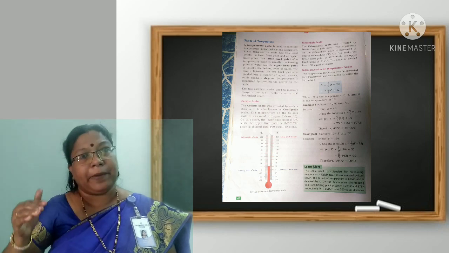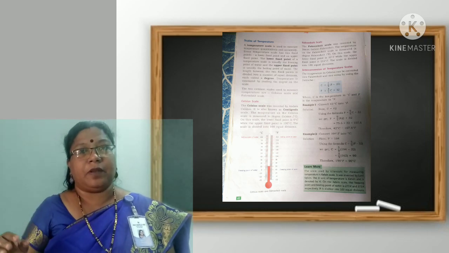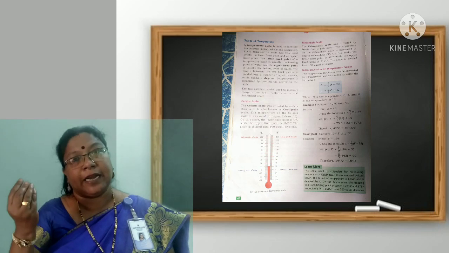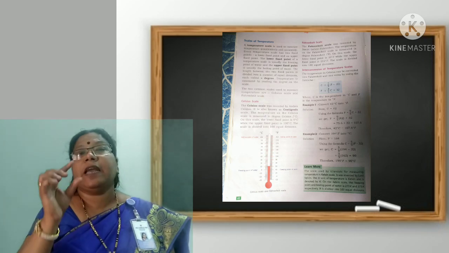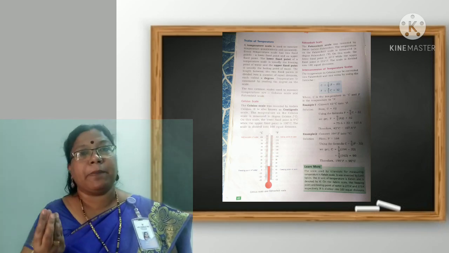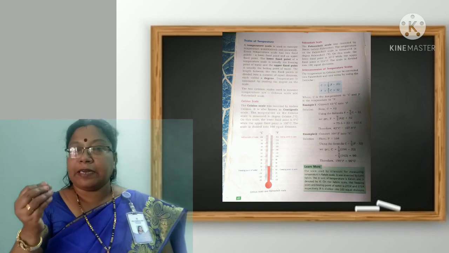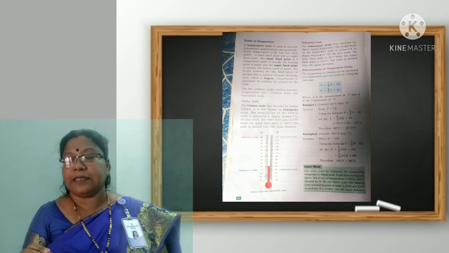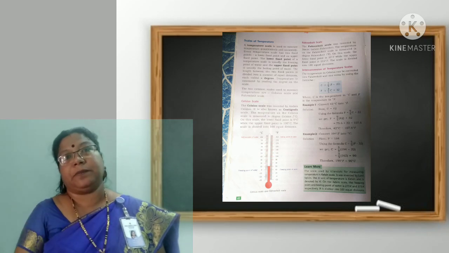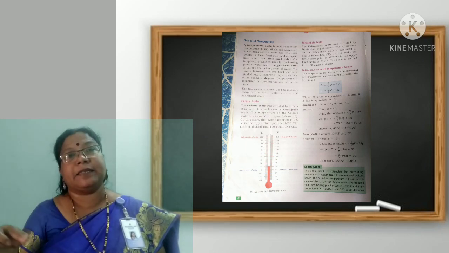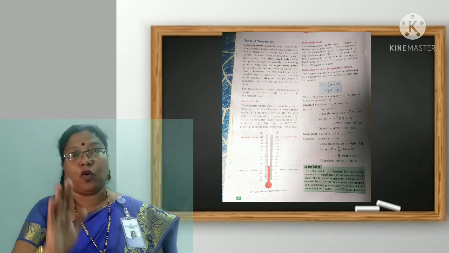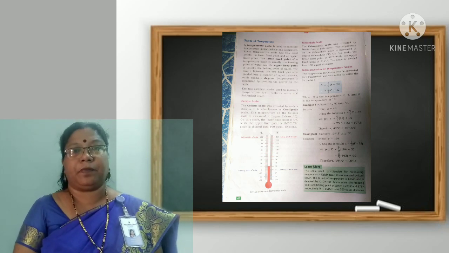A glass scale is taken. It is first dipped in ice. Usually in a temperature scale, mercury is taken. When it is dipped in ice, the mercury comes to a point, and that point is marked as 0, the lower fixed point.